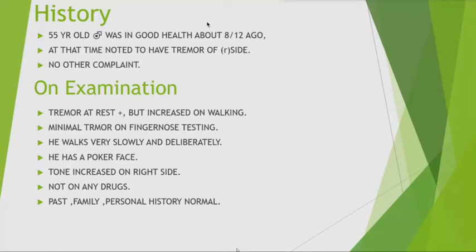So most probably it can be Parkinson's disease. In Parkinson's disease, during the initial times there may be only tremor. So the history points towards Parkinson's disease, and examination findings also point to a diagnosis of Parkinson's disease.